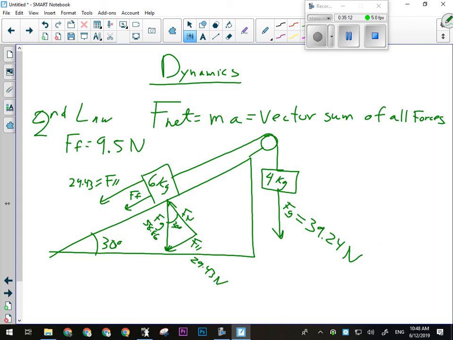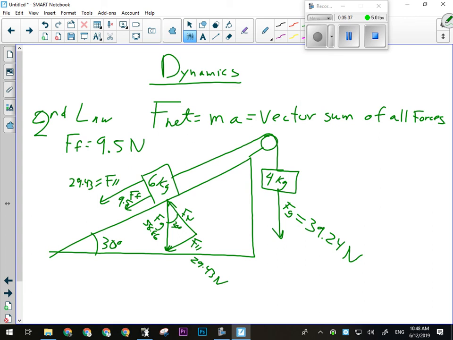This is 9.5. And that means that we are going to be just barely moving. So I found the opposite side. This is the opposite side of this triangle. The force of gravity was the hypotenuse. So I just did trig, sine of 30, just 0.5. Okay, so now I've got all those forces.